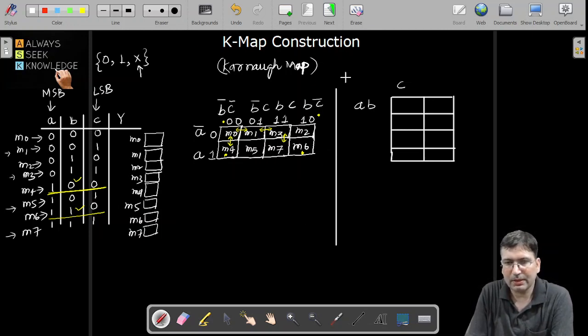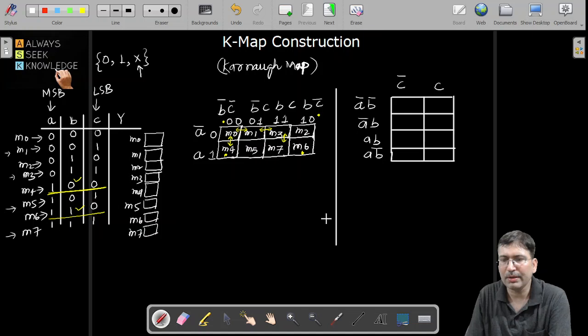So when you fill the values in, start with A bar, B bar, and this is C bar. This will be C, right? Now this A bar, B bar will become, let's say, A bar B, then AB, then A B bar. Okay.